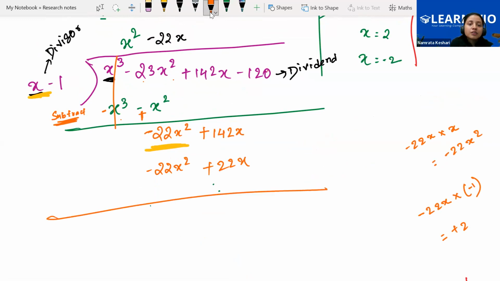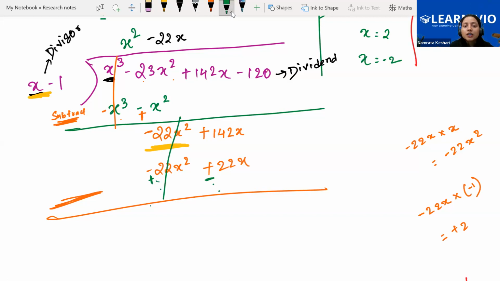Again we will be doing the subtraction, and due to that each and every sign will get reversed. This minus 22x square will be plus and this plus 22x will be minus. Now we can see the upper one and the downward one cancel each other. One is negative, another became positive.